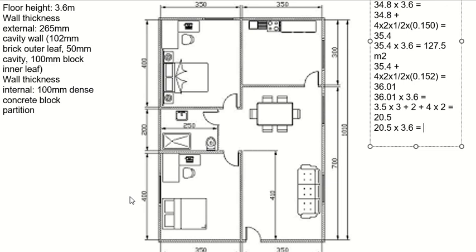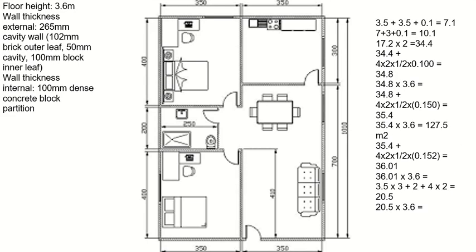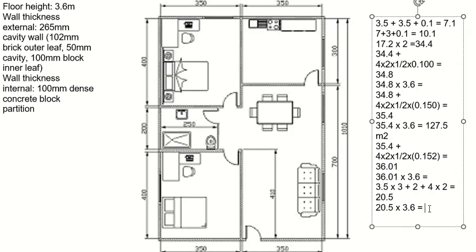Everything is clear? This is 73 only? Okay. I just calculated a few of them. You can do the rest. Clear?